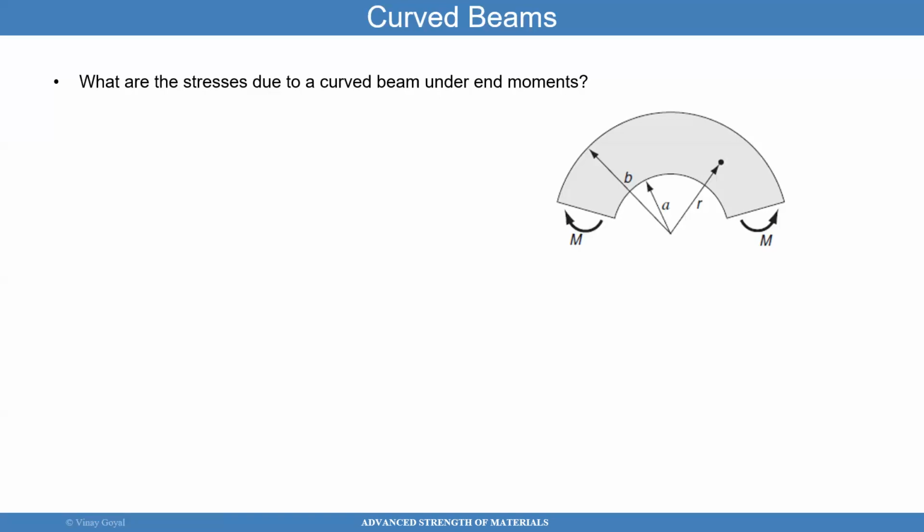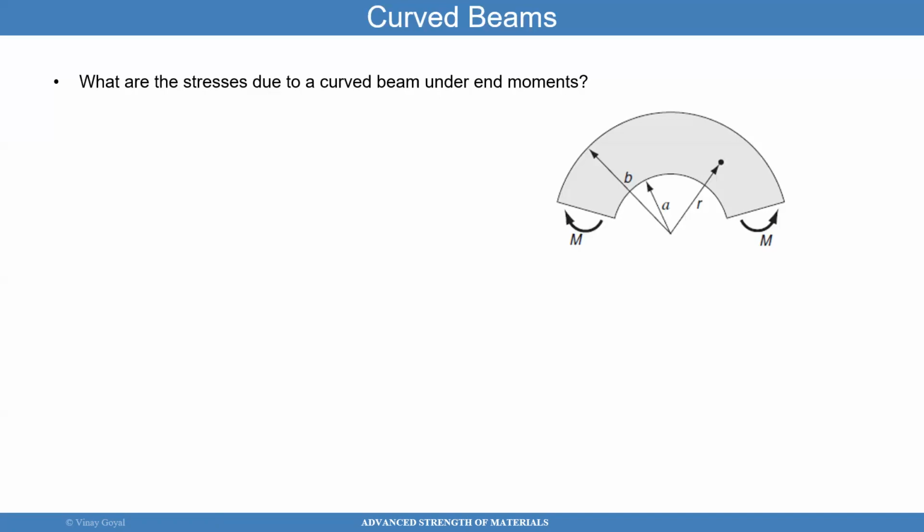In this particular example, what you see is a curved beam with inner radius A, outer radius B, and it has moments applied at the end. And so the question that we have to really assess the structure is, what are the stresses distributed in this curved beam when I apply those moments?